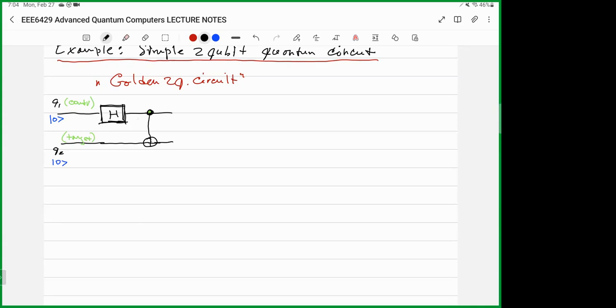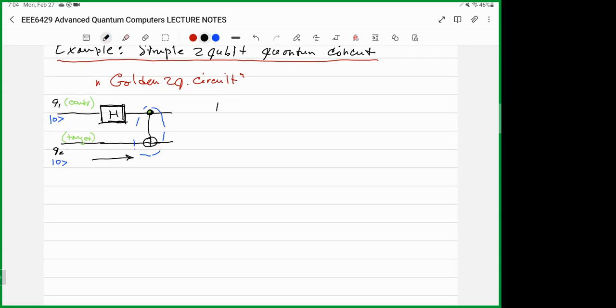I apply these gates from leftmost to the right. So the Hadamard gate applies first, then the CNOT gate applies to the result of the Hadamard gate.